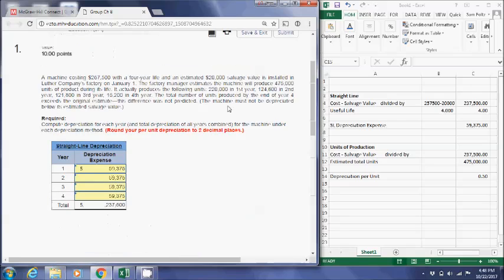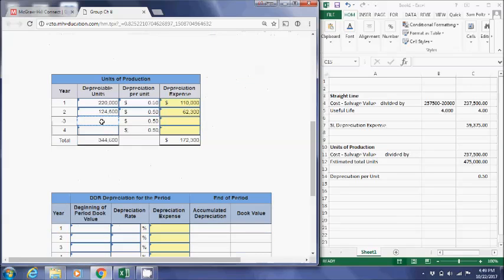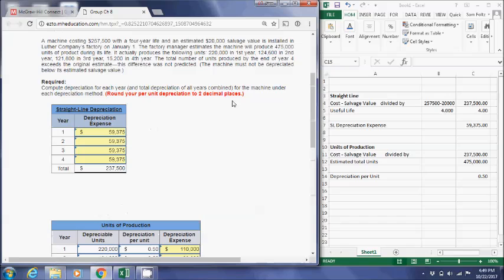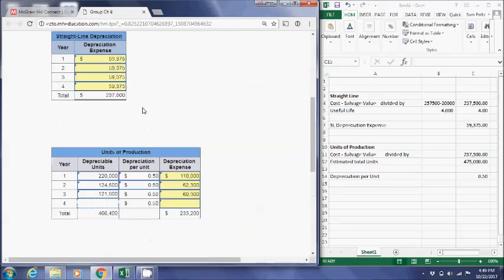We go to year 3 and it says we have 121,800. Connect has already filled it in for us at 50 cents per unit. Will give us 60,900. And then in year 4, we take a look and it says it was 15,200.